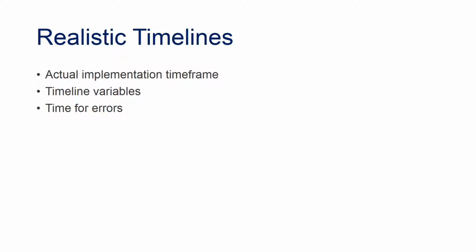Each element of the design will take time, and each element of implementing the design will take time. No implementation happens overnight. It is a process that should be completely mapped out to show the amount of time needed for each piece of the puzzle. You will also need to include time for problem solving and errors so that when the problems occur, and they usually do, you will not fall behind schedule.